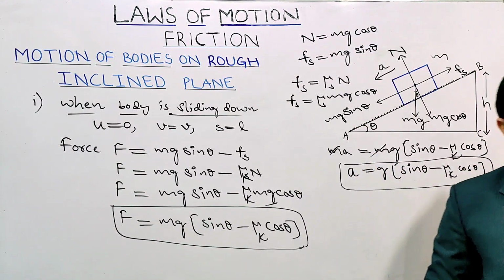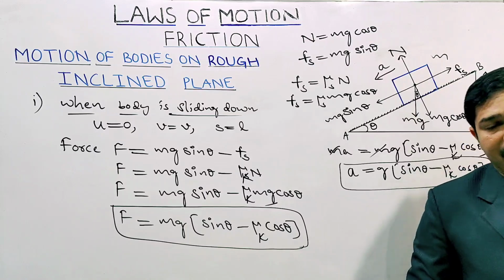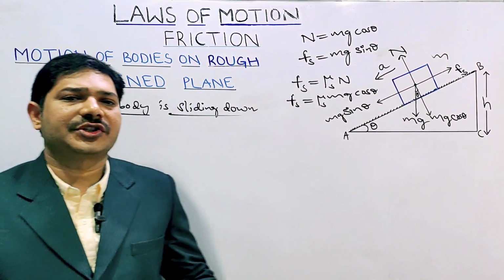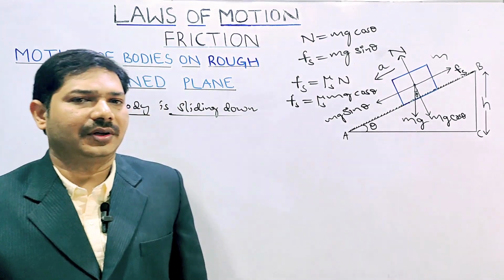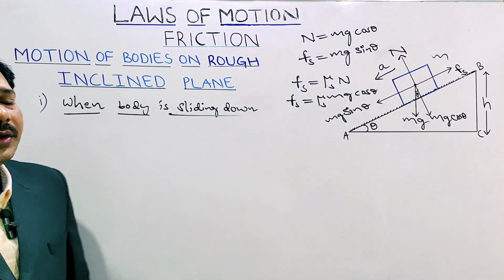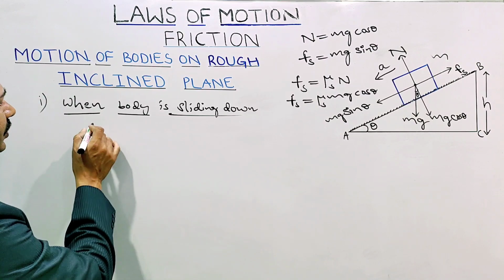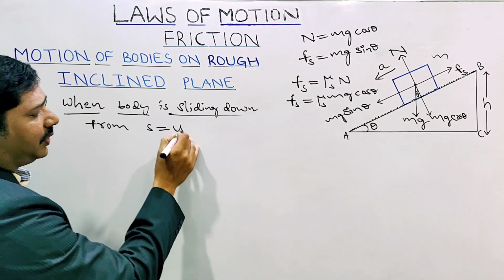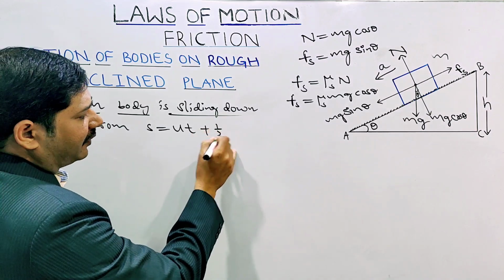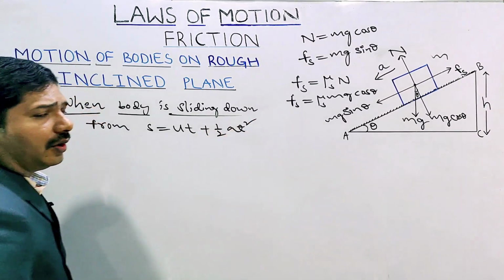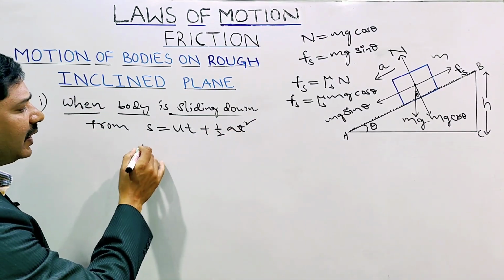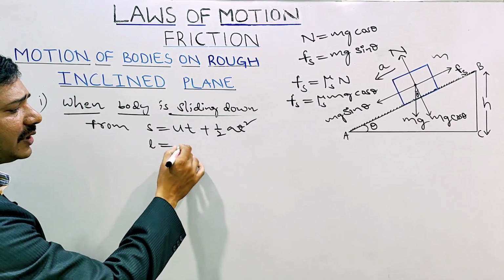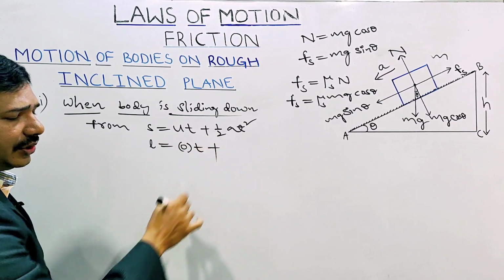So when the body is sliding down on a rough inclined plane, we can find the time. How much time will it take to slide down? From the formula S equal to ut plus half at square. Here S is the length of the plane, I'm taking L, and u is 0. 0 into something is 0.